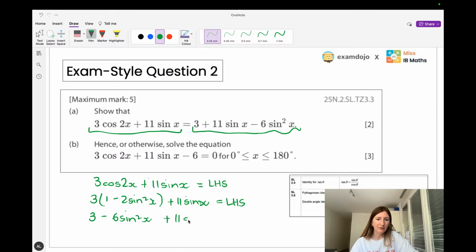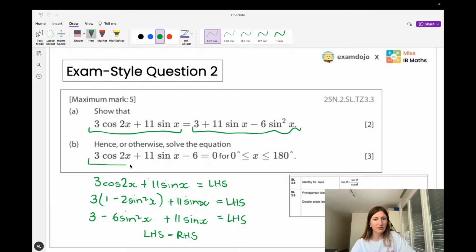Plus 11 sine x. And can you see, we've got it already there. Positive 3, negative 6 sine squared x, and positive 11 sine x. There we go. So you can say left-hand side equals right-hand side. That is our proof that we know it's equal. Then, hence, or otherwise solve this equation.